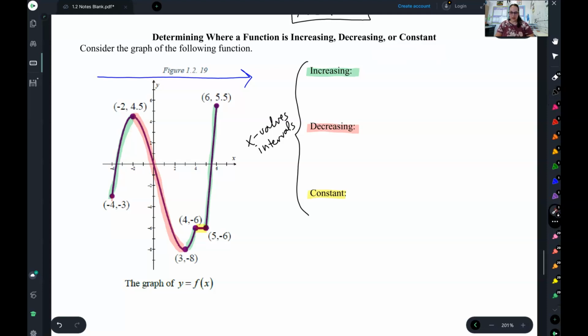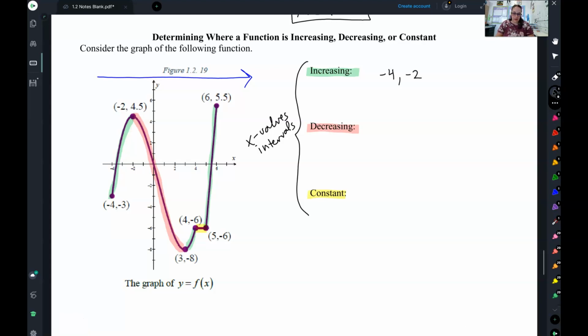This first increasing interval right here, it goes from this point to this point. I want to use the x values of those points. So I want to say from -4 to -2. That's increasing. So from -4 to -2. Those are the x values for which it is increasing.